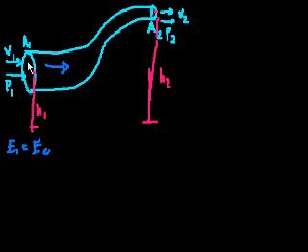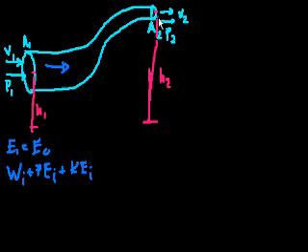Well, what's the energy that the system starts off with at this end? It's the work that you input, plus the potential energy at that point of the system, plus the kinetic energy at that point of the system.